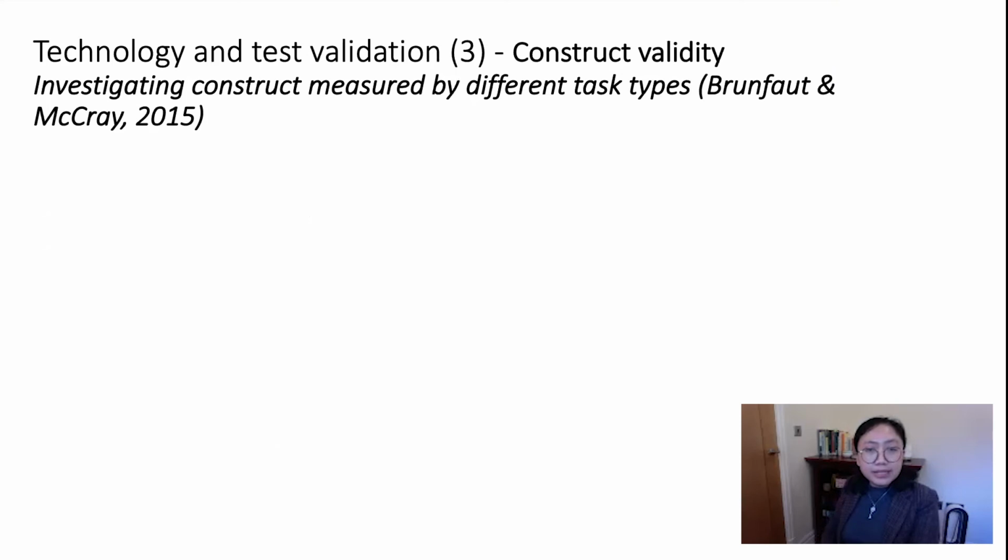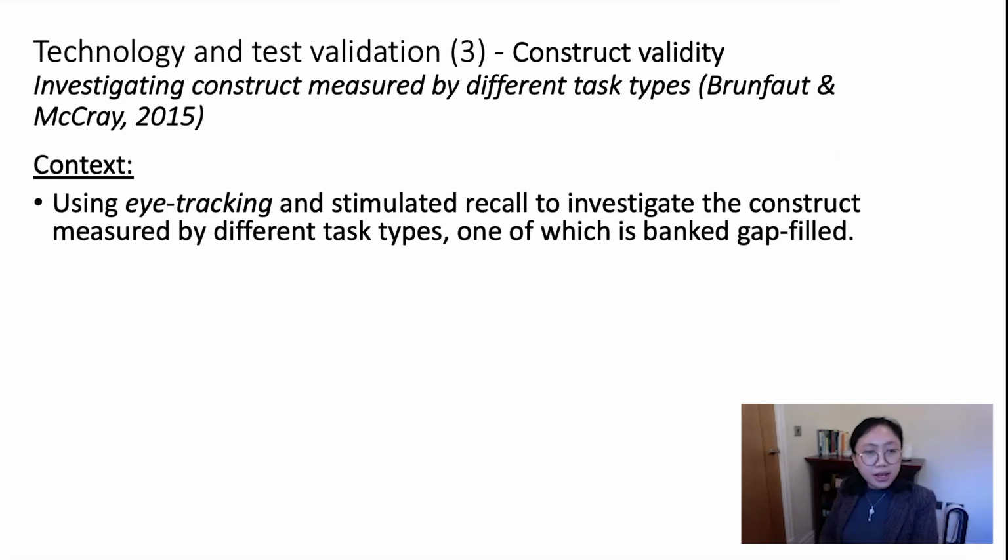All right, the next one is probably the next two studies. This one is done by Brunfaut and McCray. They used eye tracking and stimulated recall. Probably this is something quite new to most of you. They used eye tracking to investigate the construct measured by different task types, one of which is called banked gap fill. I believe you have seen this kind of task. It's gap fill, but the answer choices are provided.